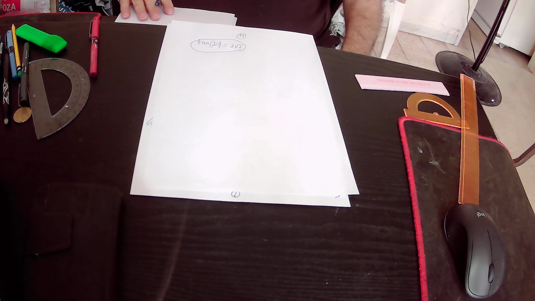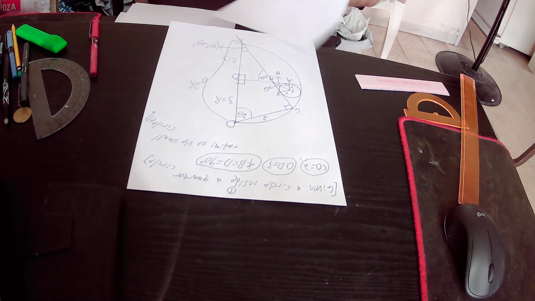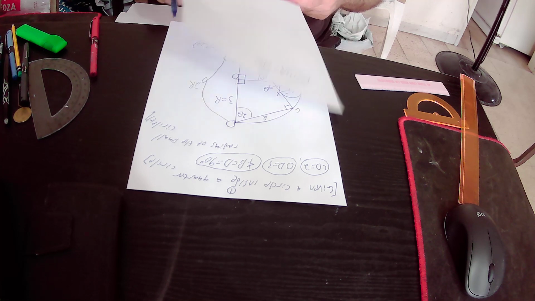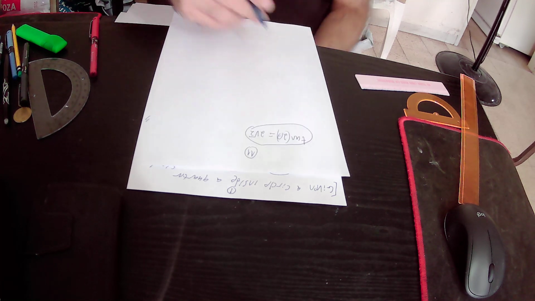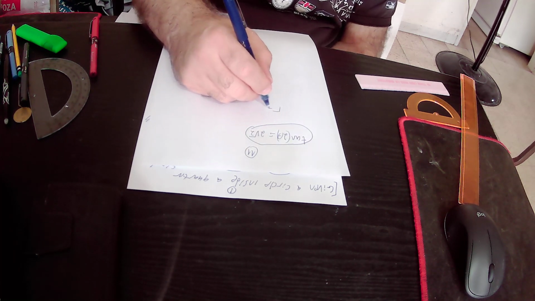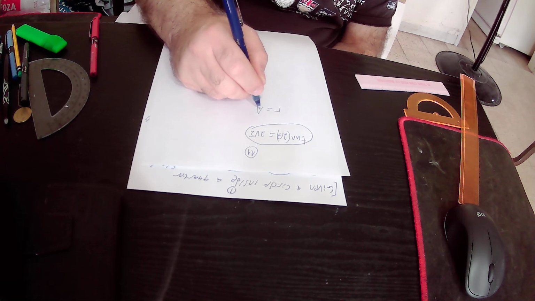And we want to find out the radius of the small circle. We know that the radius of the small circle equals AB times tangent theta.